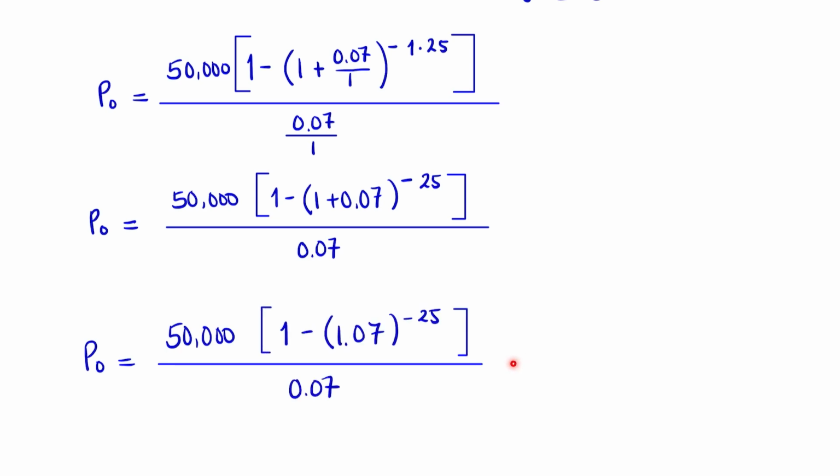Then I will put this in my calculator in order to find P of 0. So first, I will put everything in the bracket in the calculator first. I'll take 1 minus 1.07 raised to the negative 25th. And then I take that bracket times 50,000, and then I'll divide by 0.07.